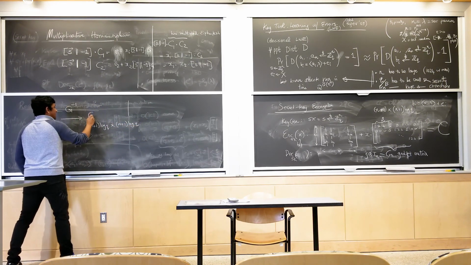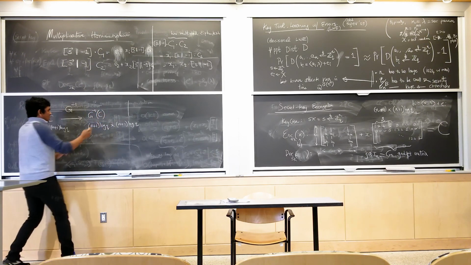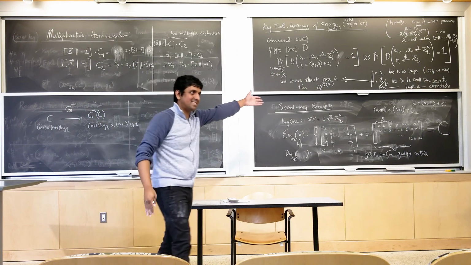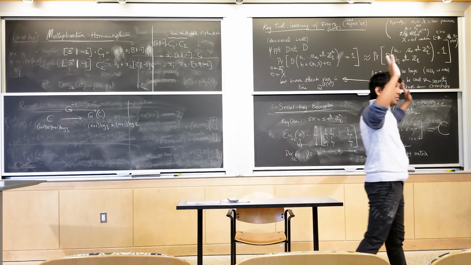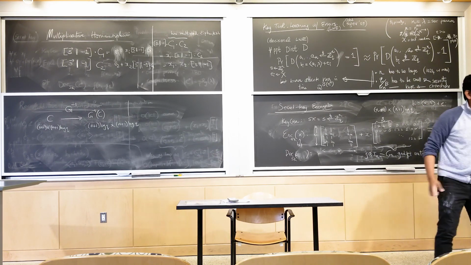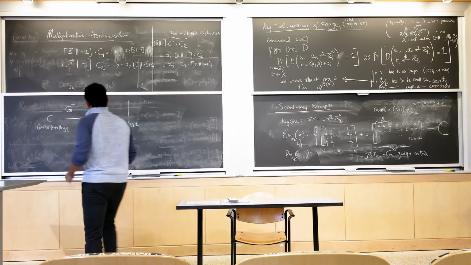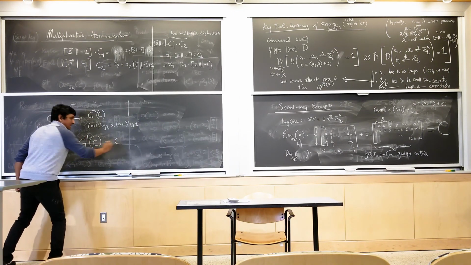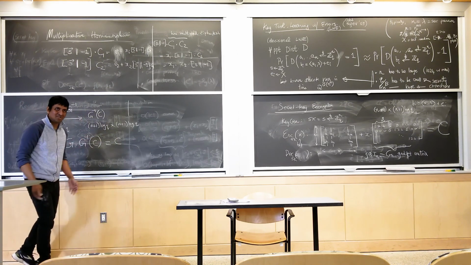Call it G inverse of C. So G inverse of C is not G inverse times C, because G inverse does not exist. Think of it as an operator that acts on matrices and produces matrices. What does this operator do? It has the property that G times G inverse of C is C. So it behaves like it should.